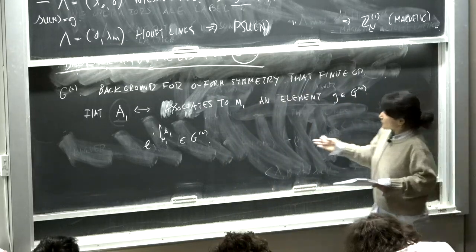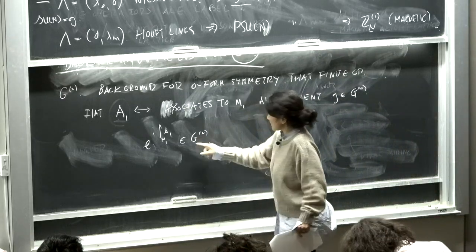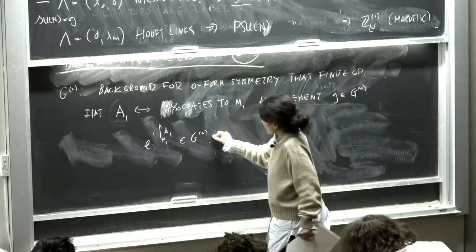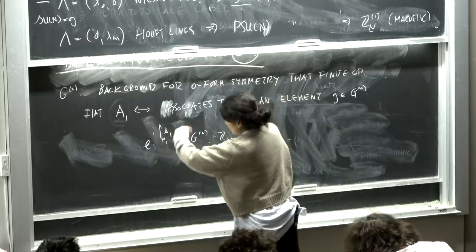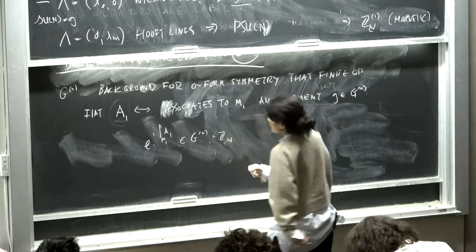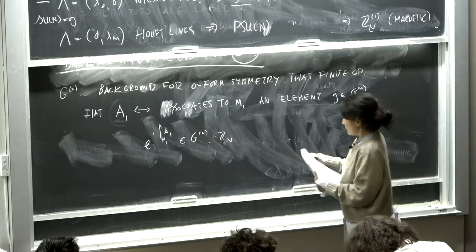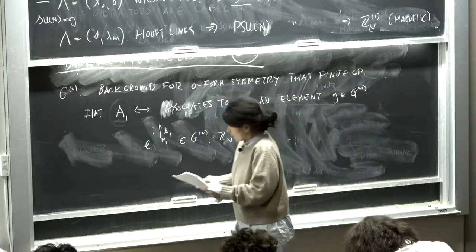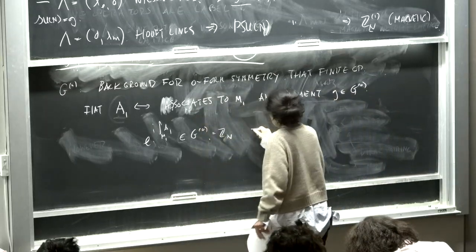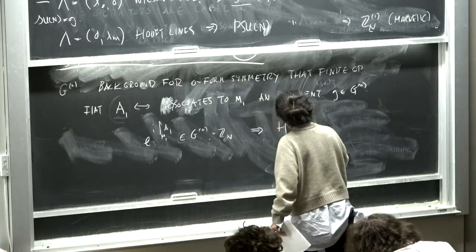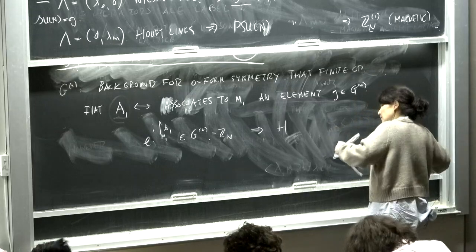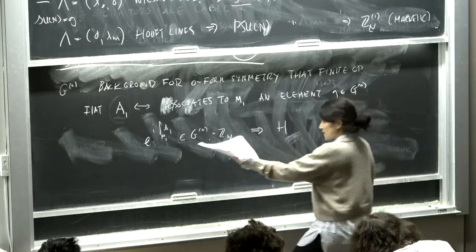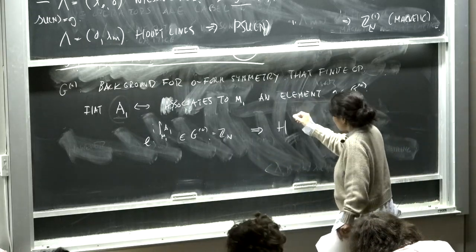For example, if this is Zn, then we would associate a group element in Zn, just a phase, to a one-cycle in our spacetime. I will not have time to discuss what cohomology with finite group coefficients is, but this is the meaning of the following.